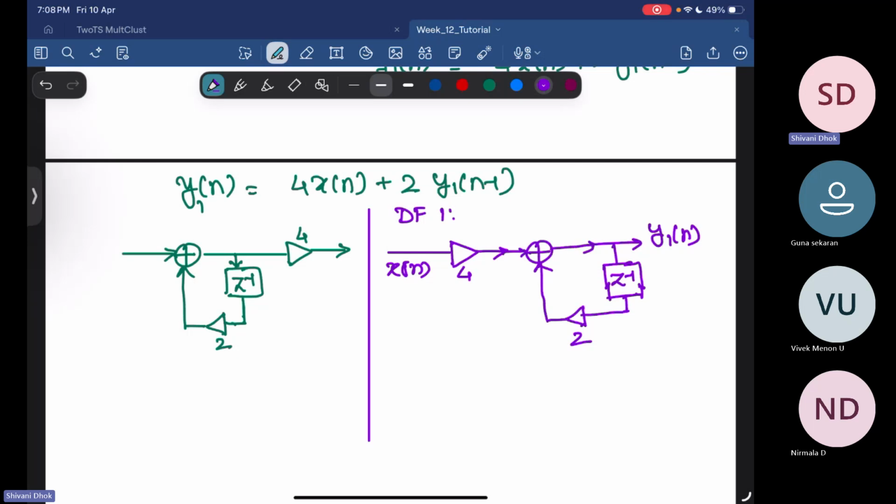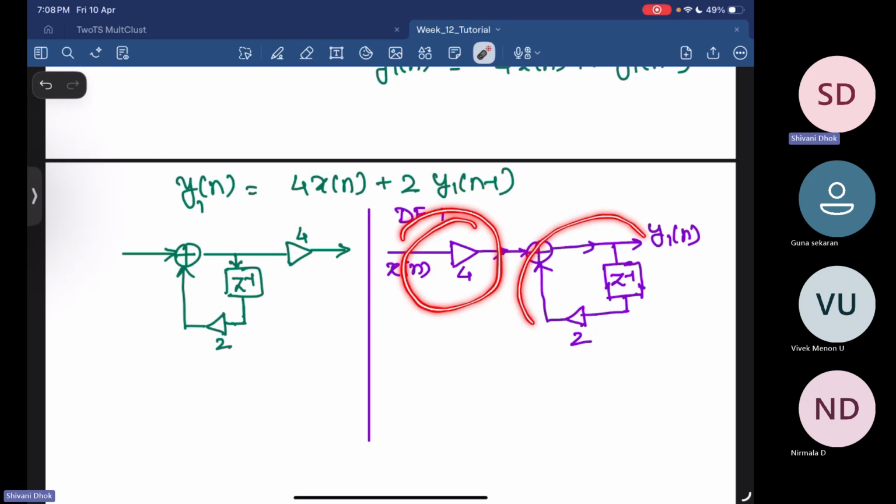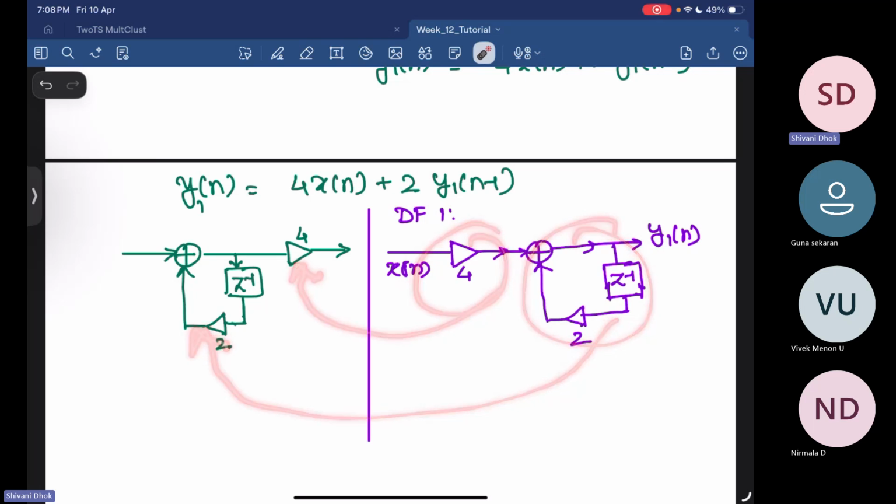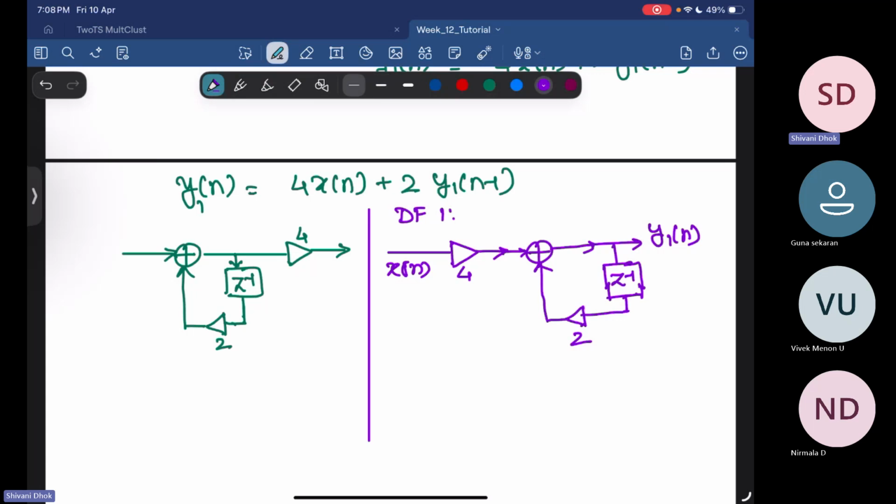Now swap this and this. So this will come first here, and then this will come after that, like this. If you look at this particular part and this particular part, they are the same.